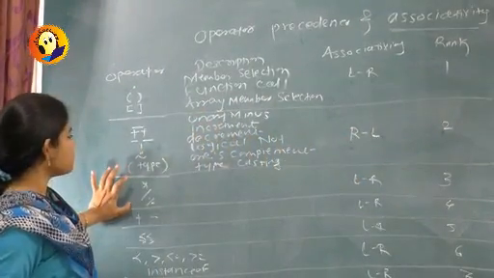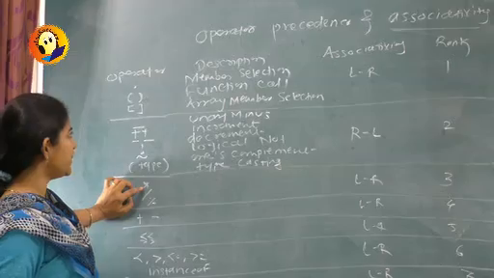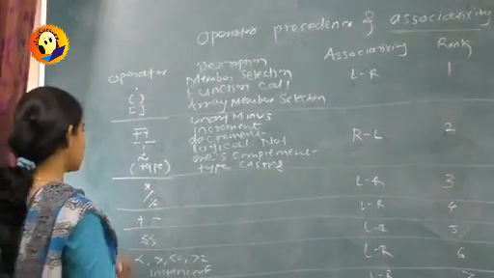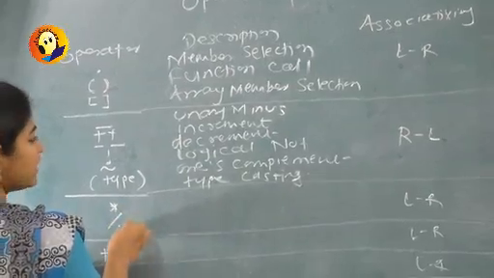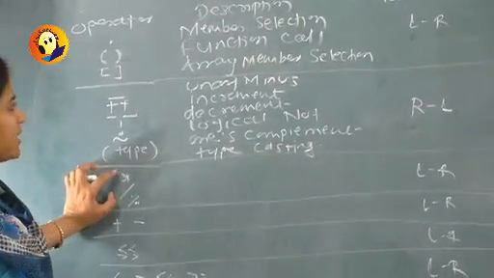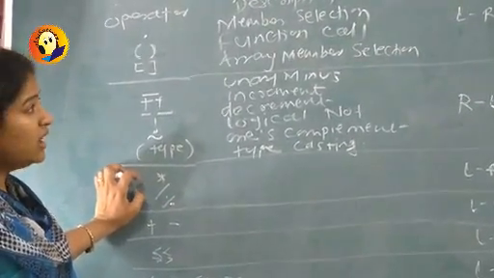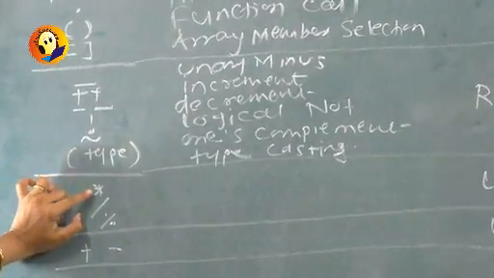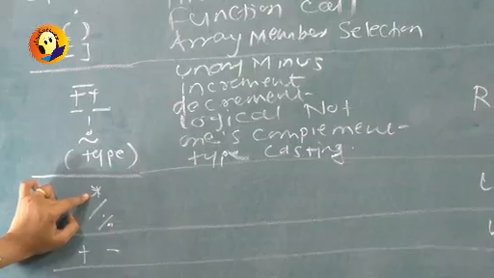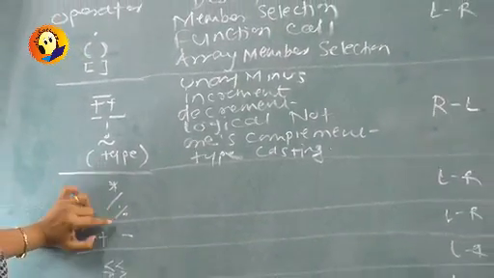Third, binary operators, which are arithmetic operators. Whenever we consider arithmetic operators, multiplication, division and remainder, these three operators have the highest priority. If we have three operators present in our expression, then multiplication is at highest priority, after that division, after that remainder.